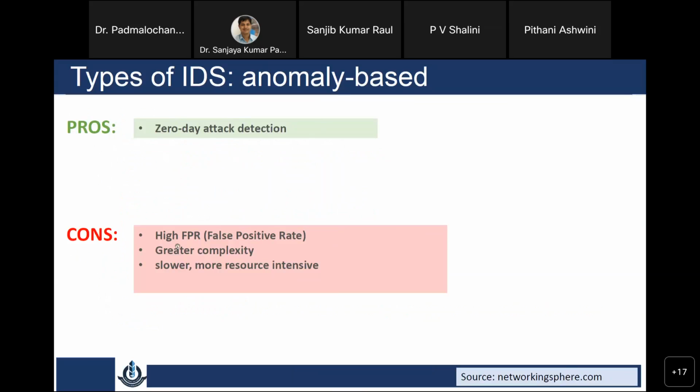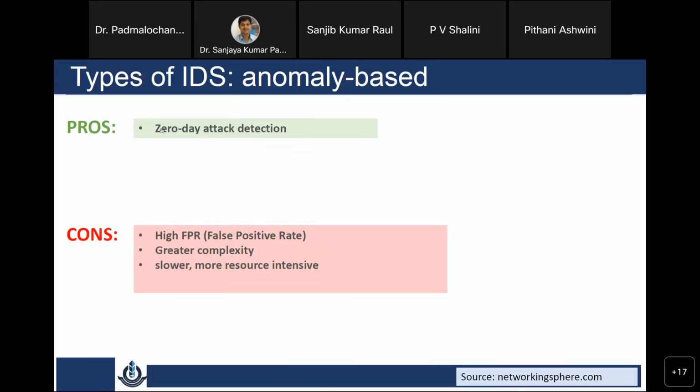The problem could be that if your profiling and thresholding are not good, then it might lead to a high false positive rate. Some genuine packets might be treated as intrusive packets, because if your boundaries, thresholding or behavioral analysis and profiling are not proper, it may lead to high false positives. And obviously the complexity would be higher than signature based IDS.